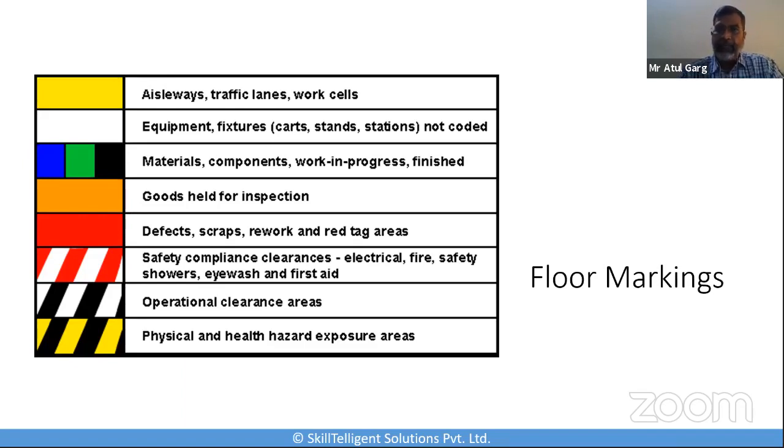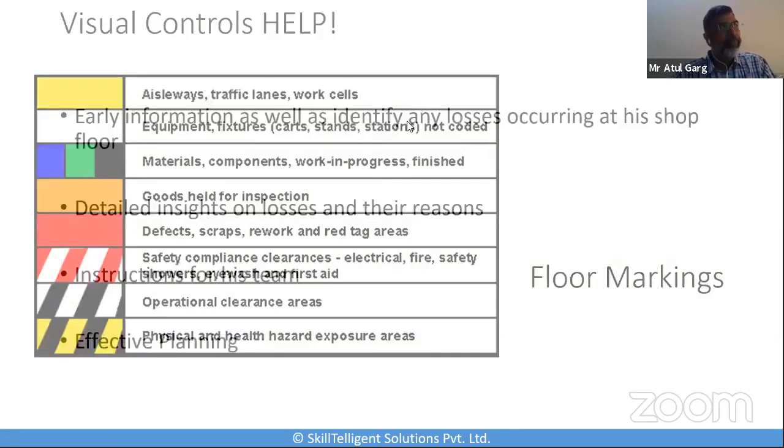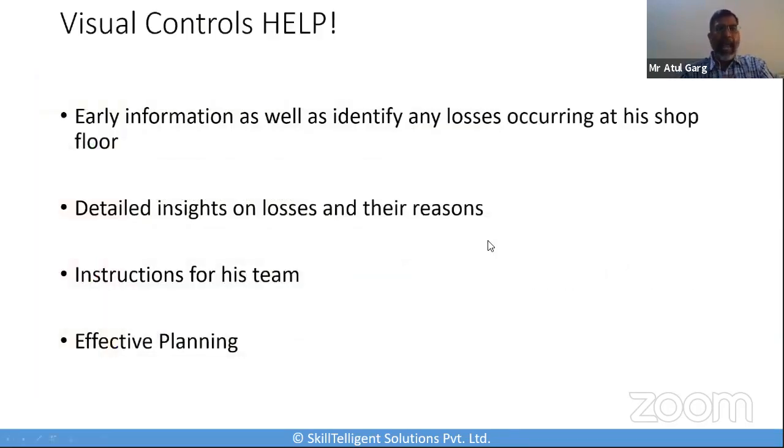So these other kinds of visual controls also can be brought in over here. They all help you to reduce the time which goes into idling, minor stops, setups, or any of these kinds of things. So that is where these visual controls are used. So if we look back, visual controls actually help, right?